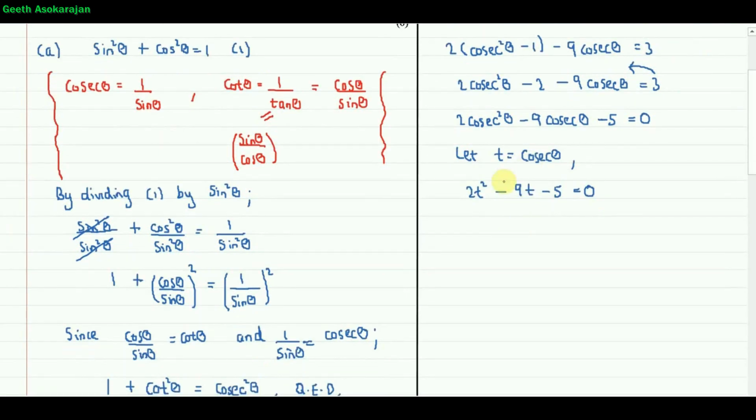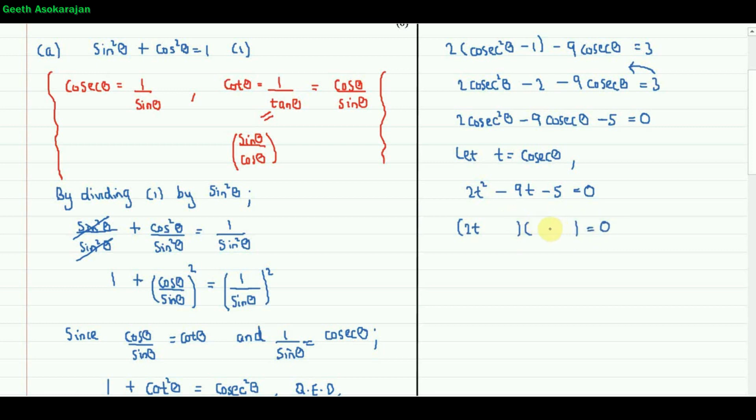So the plan here is we need to find the t values first, and once we have found the t values, we'll substitute them into the substitution in order to find the angles later. So let's see whether I can factorize this quadratic. Let's see whether factorization is possible.